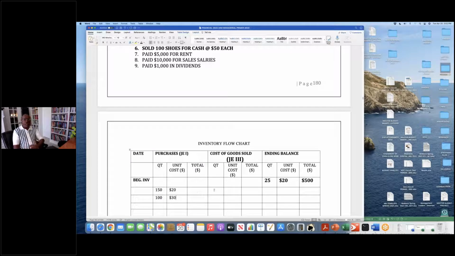So the first thing we'll be doing will be putting in these 2 purchases. So 20 at 150 and 30 at 100. So what's 20 times 150? They're both 3,000. So let's see if we can copy them over.